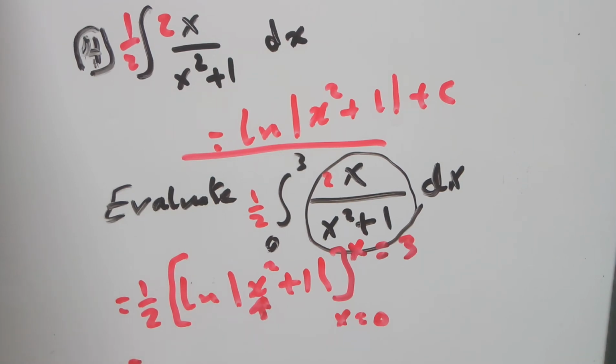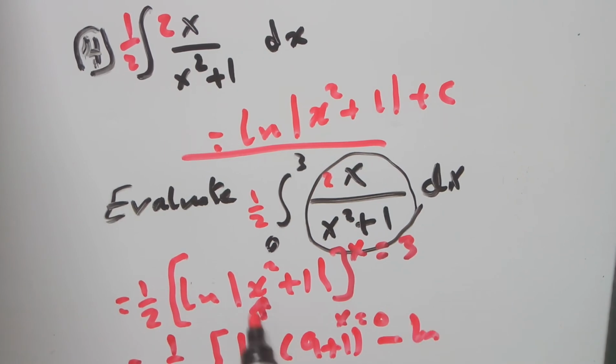It will be half multiplied by ln of 3 squared plus 1, which is 9 plus 1, minus ln of 0 plus 1, which is ln 1. I think you can use your calculator to get the answer here, which is 1.15.